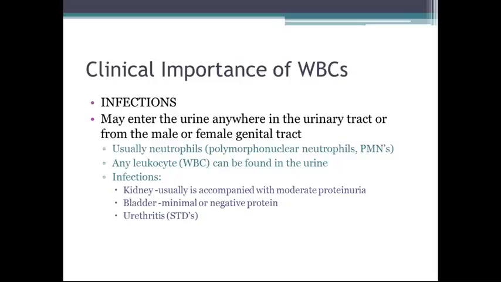A kidney infection usually is accompanied by a moderate amount of proteinuria, so the chemical dipstick may have a positive white blood cell and also positive protein. Bladder infections will have a minimal or negative protein on the chemical dipstick. And urethritis, which is often caused by sexually transmitted diseases, can also have white blood cells in the urine.